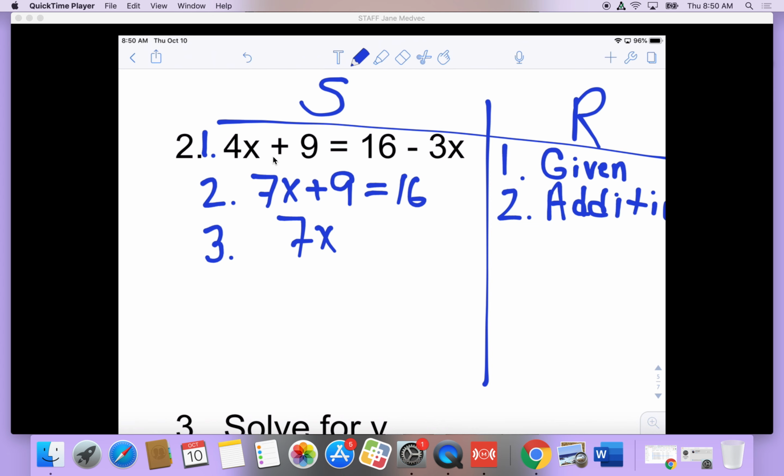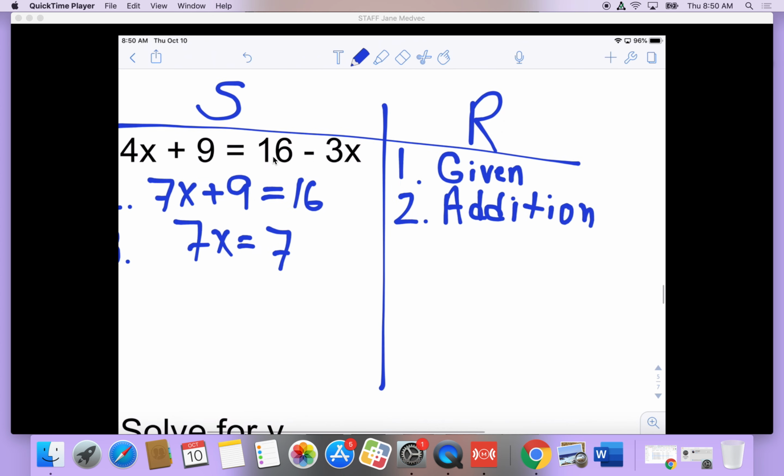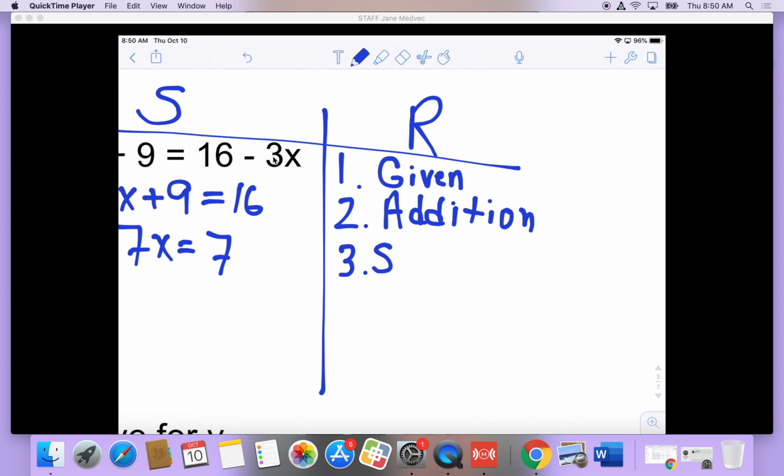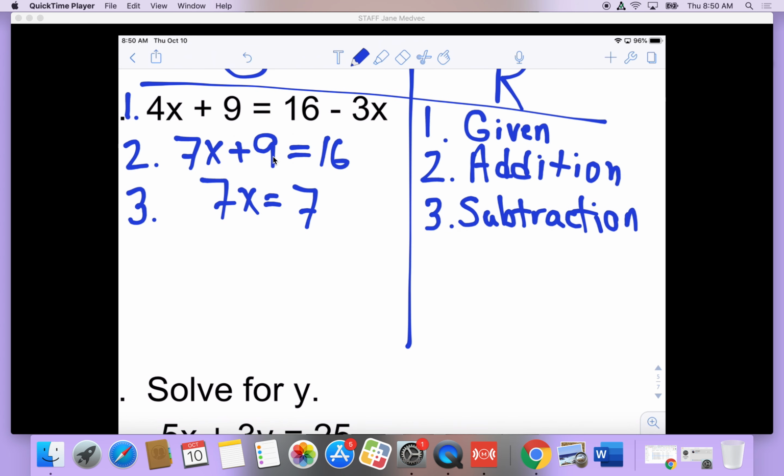So 7x equals 7. My reason is subtraction, or subtract. I'm fine with either. And then finally, number 4, I'm going to divide. So x equals 1. The reason is division or divide. I don't care which one you do. Any questions?